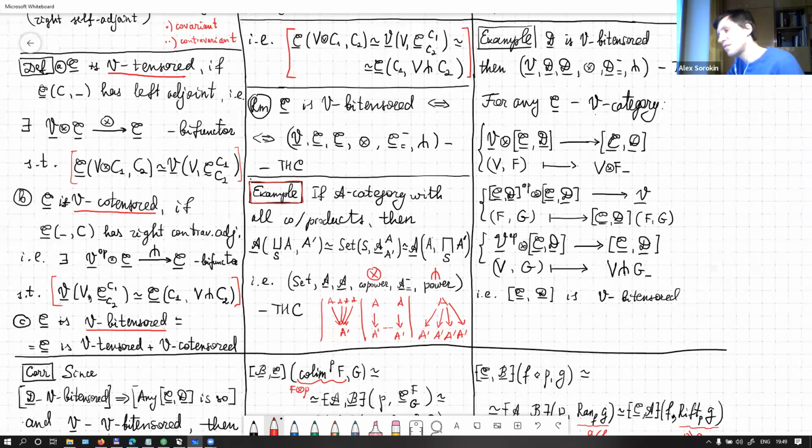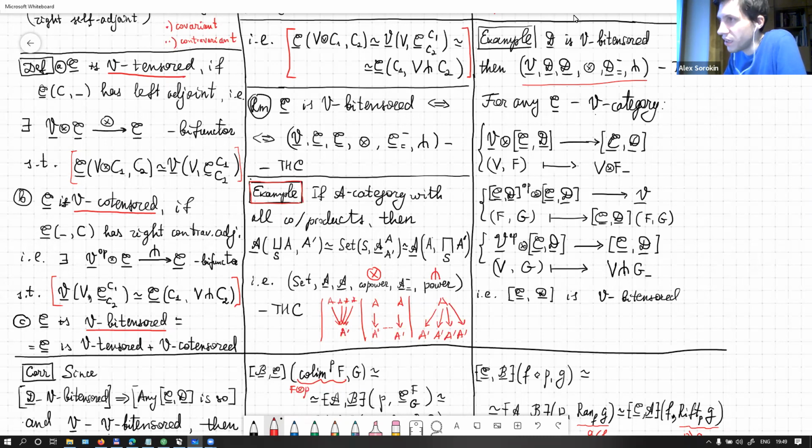Okay, the other example comes to us immediately. If our category D, right now I picked category D, is V, bitensored, then, as we established just before in the remark, we have a Tensor-Hom-Cotensor situation given by tensoring, cotensoring and the Hom profunctor.